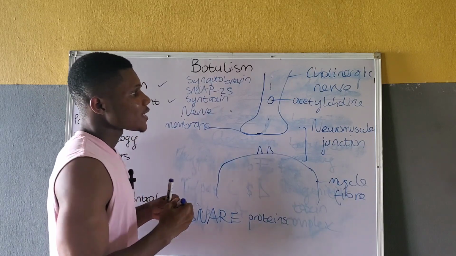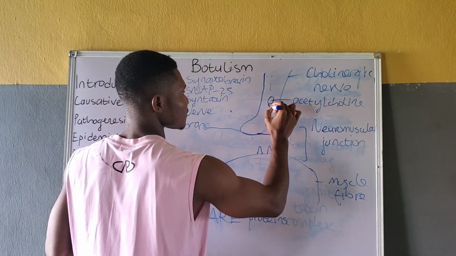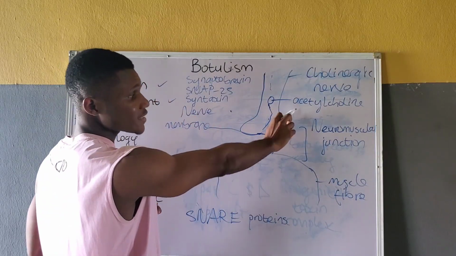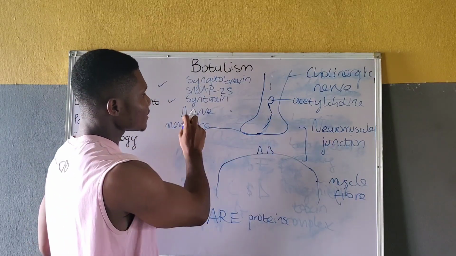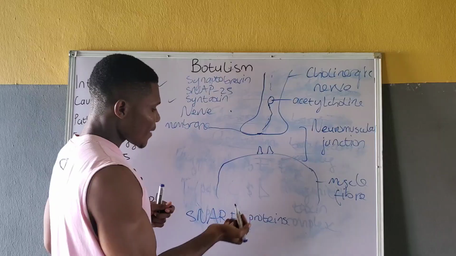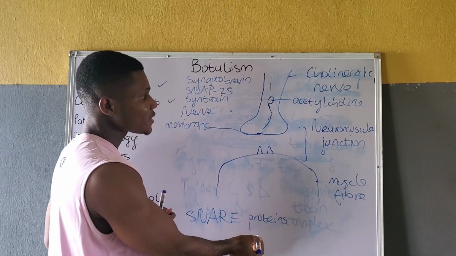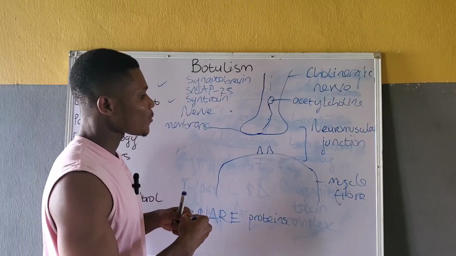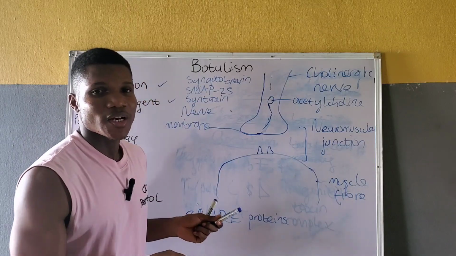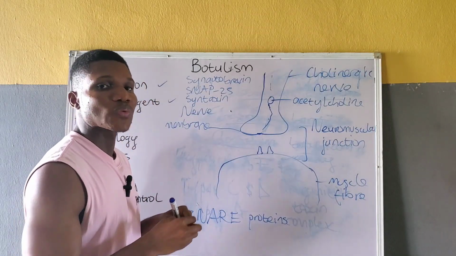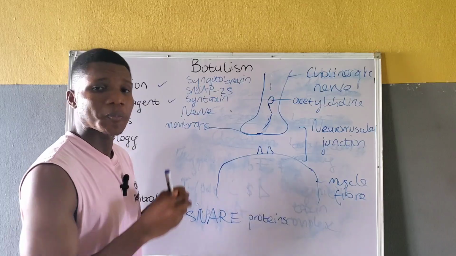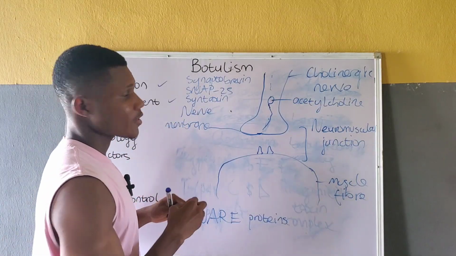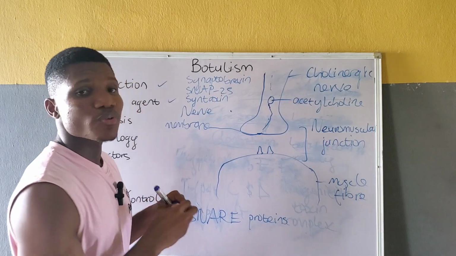And when this happens, muscle contraction cannot occur. This is what leads to the flaccid paralysis that is observed in cases of botulism. So this is basically the pathogenesis of botulism.